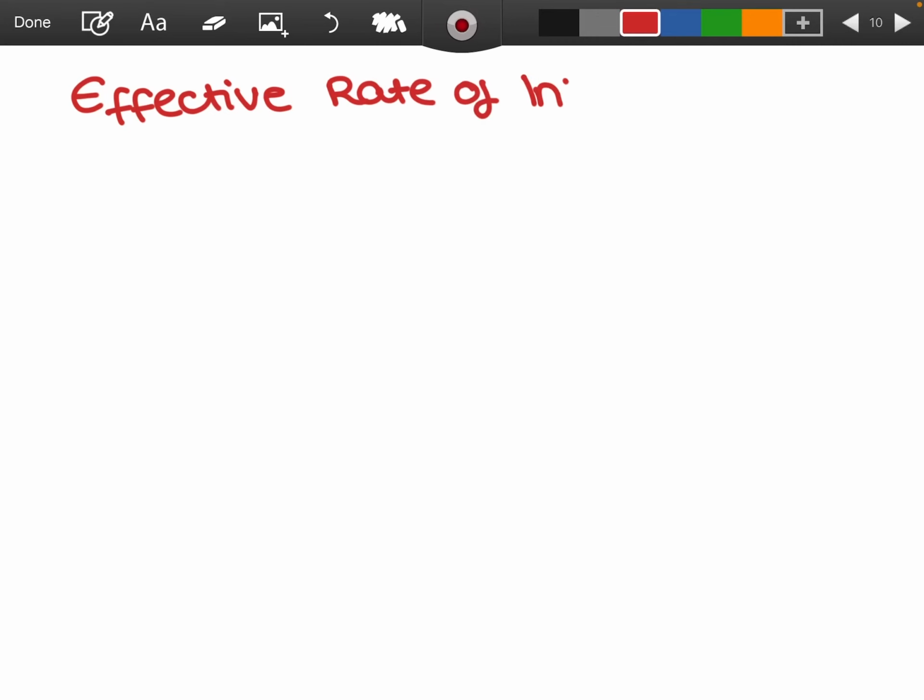What I want to do now is to actually tie together simple and compound interest. And the way that that is done is by using something called the effective rate of interest. Okay. The effective rate of interest ties these two concepts together.